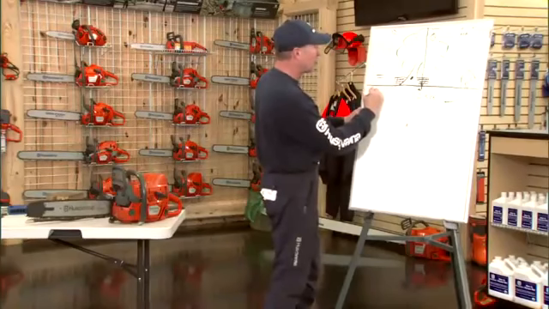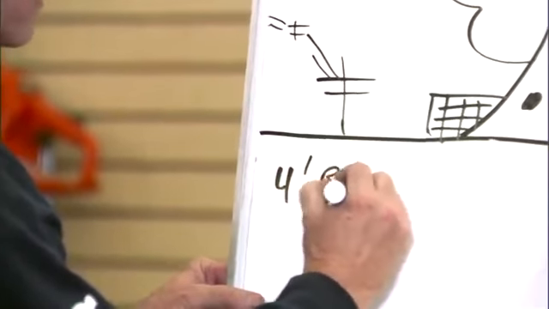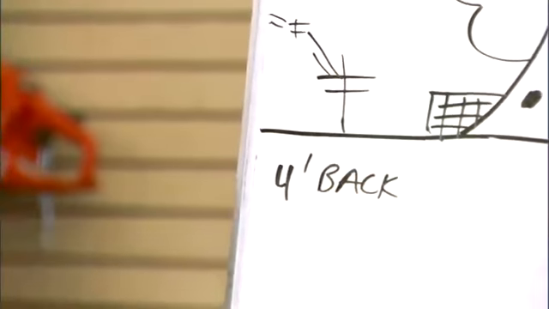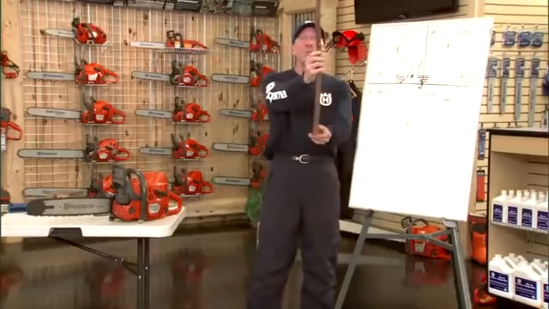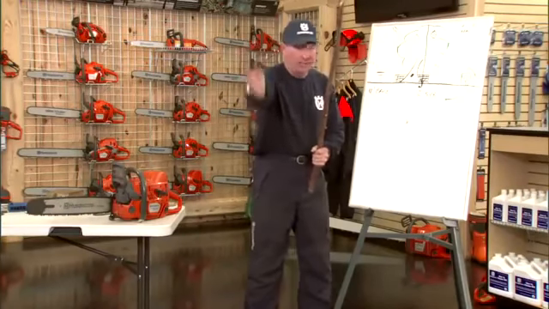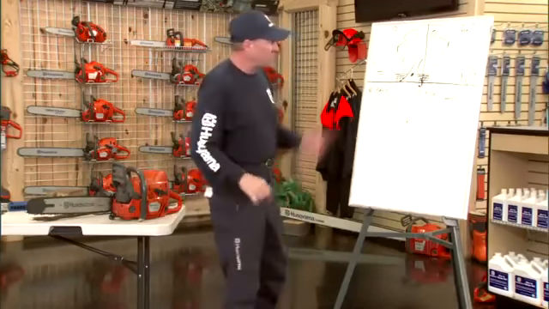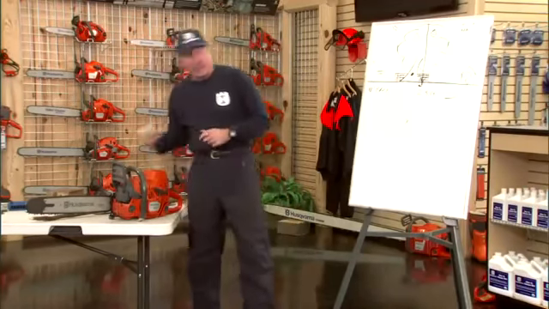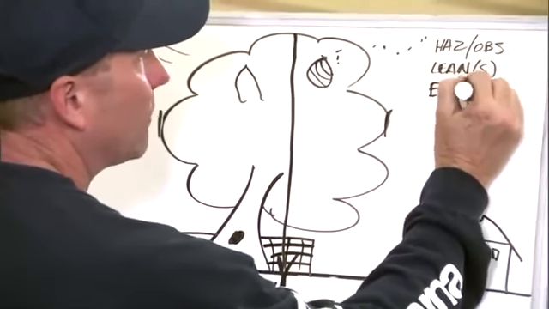So what does that tell me about my situation? It's got 4 feet of back lean. So it's leaning back quite a bit. So I've got a situation now where the tree is back 4 feet, to the left 2 feet, to get it to go to that spot in the center. Okay? Leans, plural.